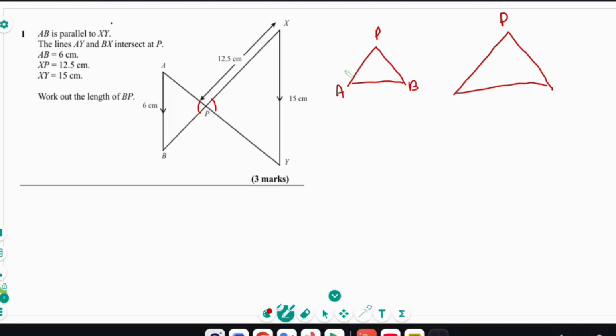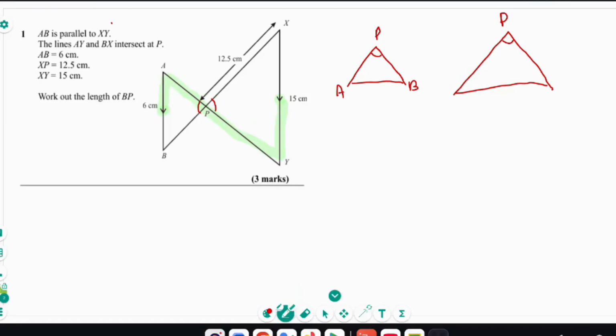So similar shapes, similar triangles rather, specifically triangles, are similar if all three angles are the same. You can see one triangle is a direct enlargement of the other triangle. So angles P are the same. And what other angles are the same though? So these sides here are parallel. So I have an alternate angle here, Z angle.